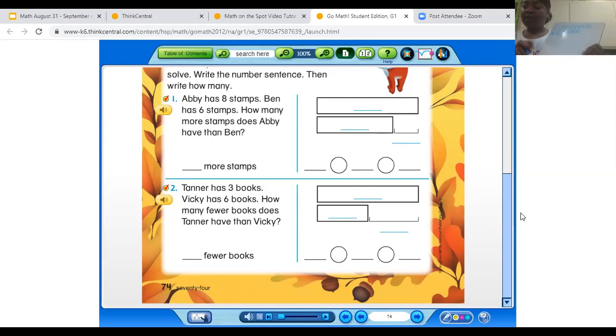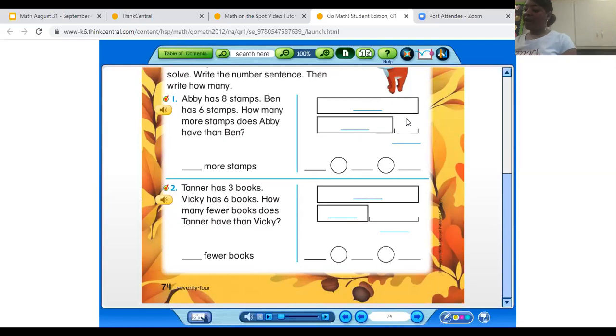So there are 2 more stamps. So what is our sentence? It's going to be 8 minus 6 equals 2. 2 is our difference. So we have 8 right here in the top part of our model. We should have 6 right here, and the difference right here is 2.